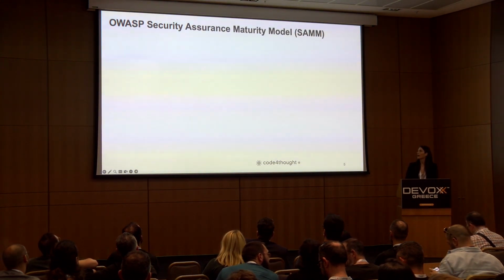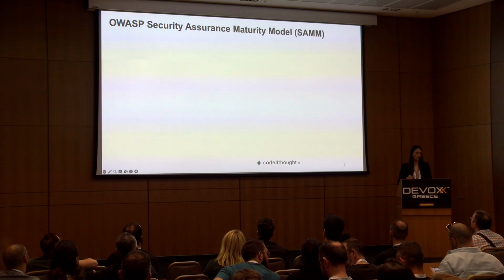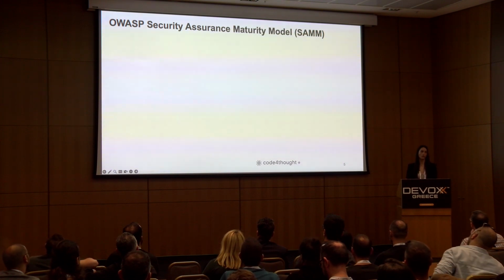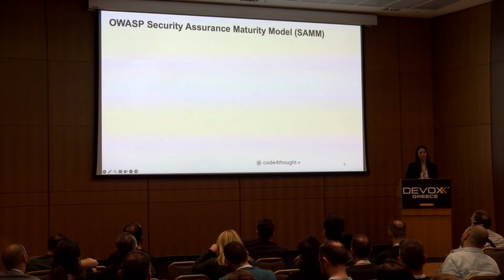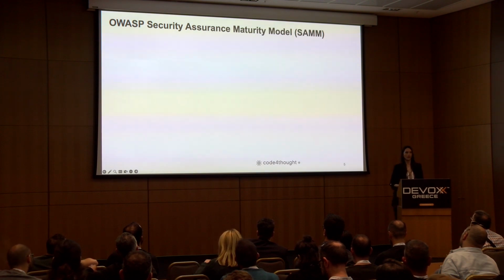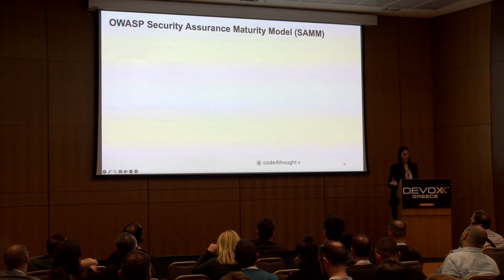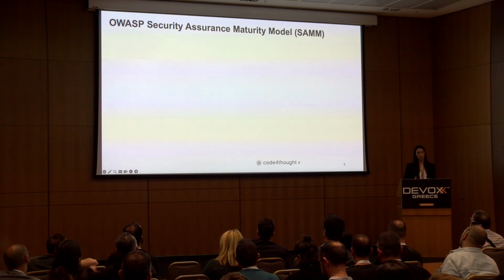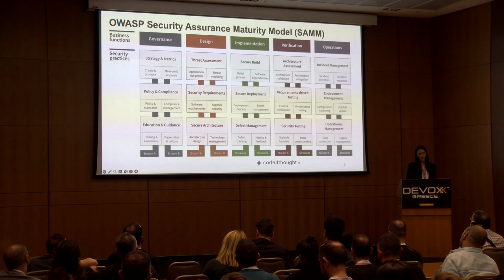So let's take a look at what the OWASP Security Assurance Maturity Model shows on how to approach application security within an organization and how to produce secure software.